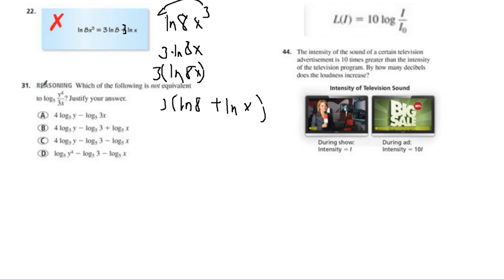So which of these is not equivalent to log base 5 of y to the 4th power over 3x? Justify your answer. Okay, so first of all, we'll separate because there's a division symbol. The converse is true. Log base 5 of y to the 4th power subtract log base 5 of 3x.